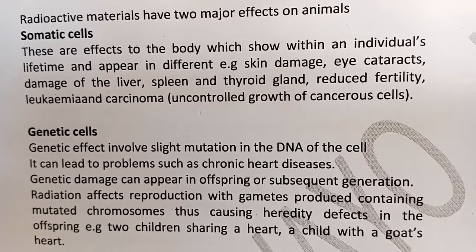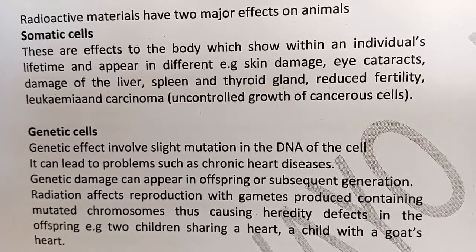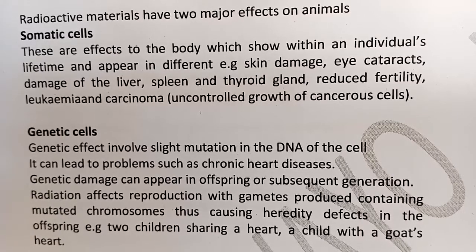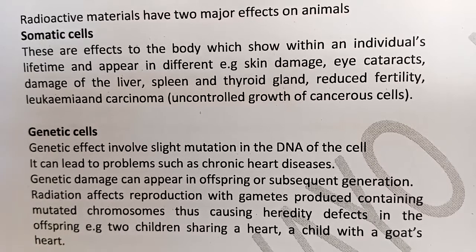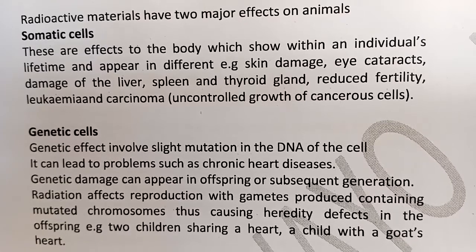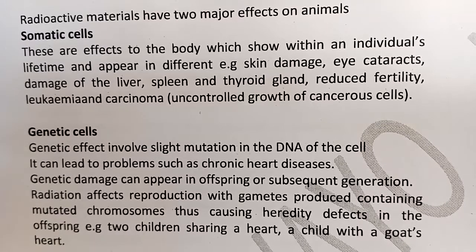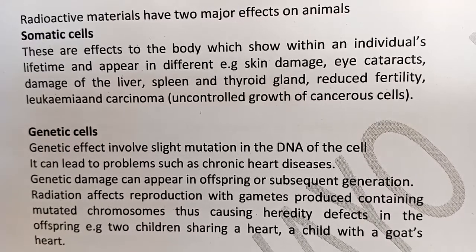These radioactive materials can also affect genetic cells. The genetic effect will involve slight mutation in the DNA of the cell. It can lead to problems such as chronic heart diseases. Genetic damage can appear in offspring or subsequent generations.